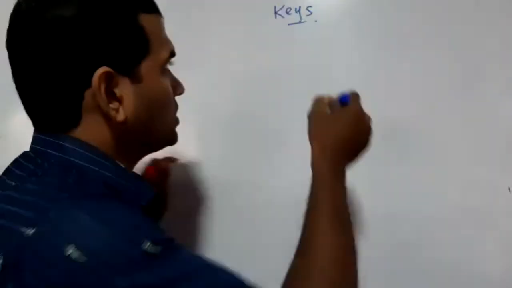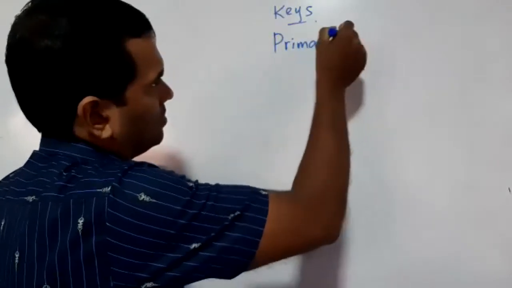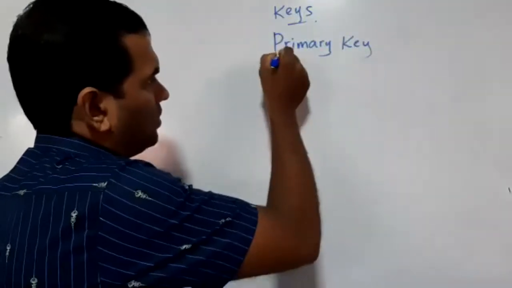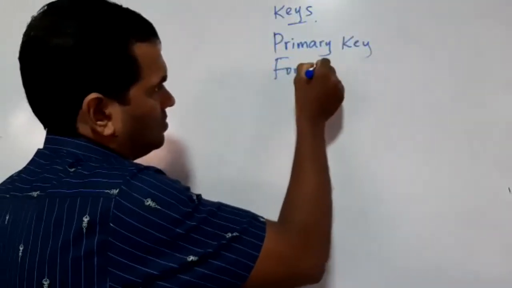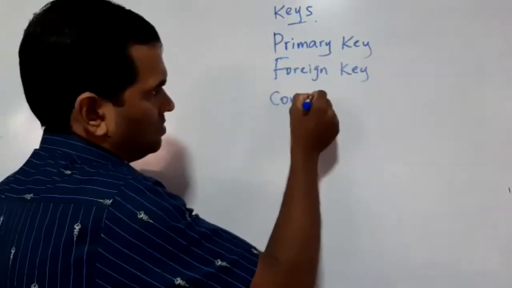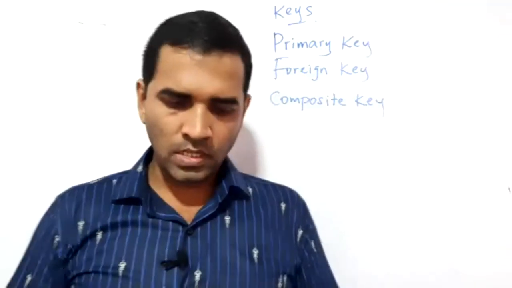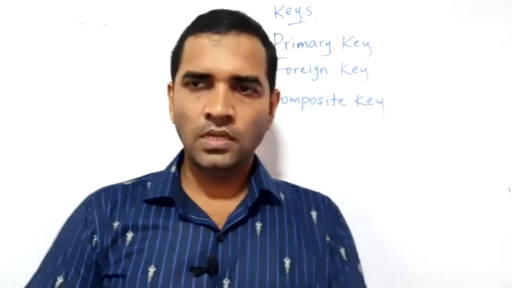There are a number of keys in databases, but for you as a student who learns grade 10 or 11, you should know only 3 keys: primary key, foreign key, and also composite key. Sometimes it can be called composite primary key.